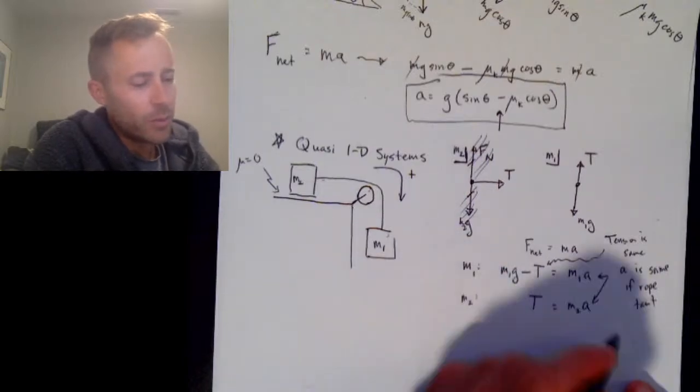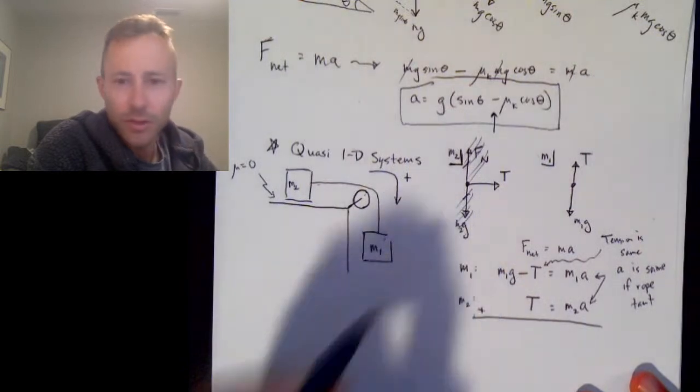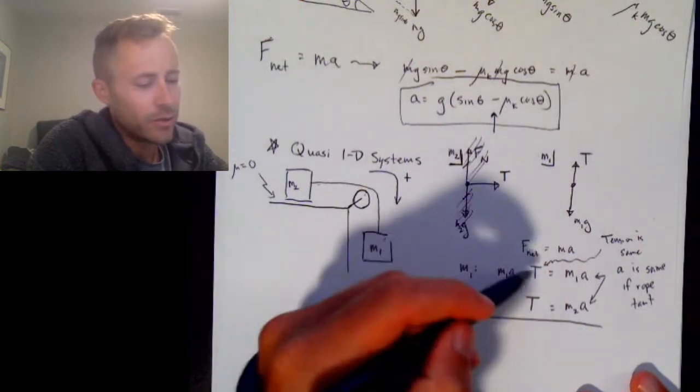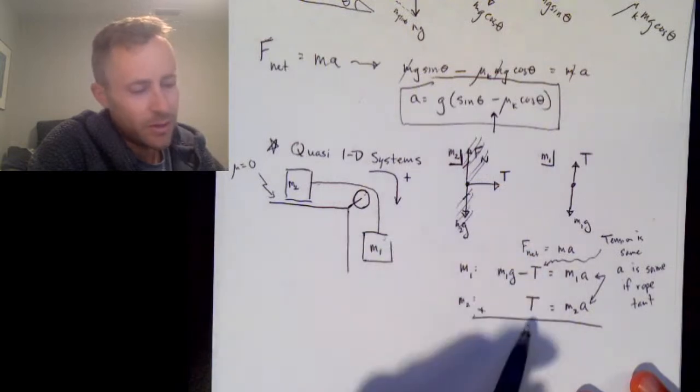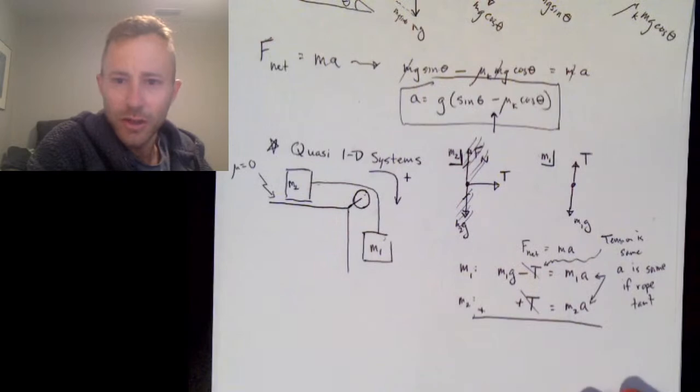So then what we want to do is solve for the acceleration. So we simply add these two equations together. And notice that here I have minus tension and here I have plus tension, so these two cancel out. The tension cancels out.